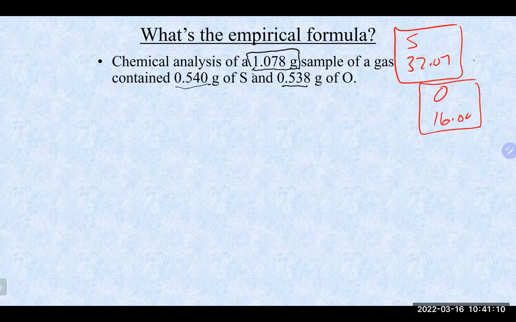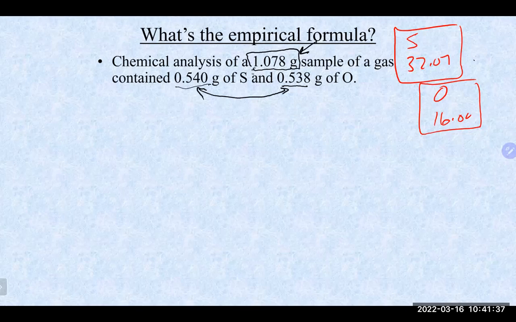We really don't need the total number, other than that we should add both of these numbers together just to make sure they add up to it. If it did not add up to that 1.078 number, we would be missing something. But since 0.54 plus 0.538 is essentially 1.078 grams, we got everything that should be in that compound.